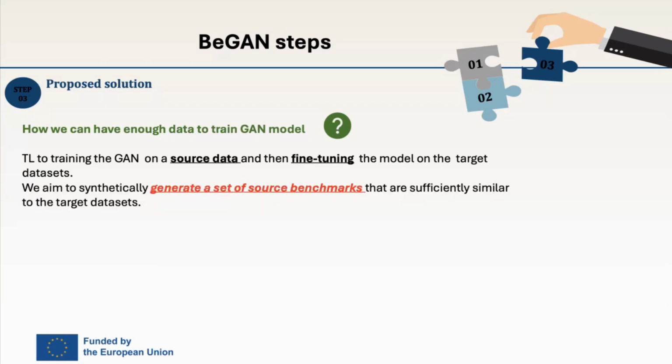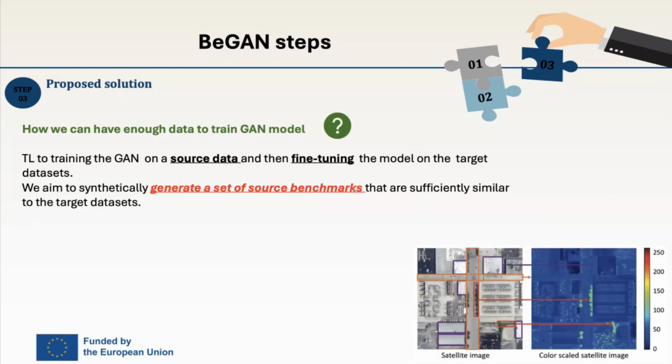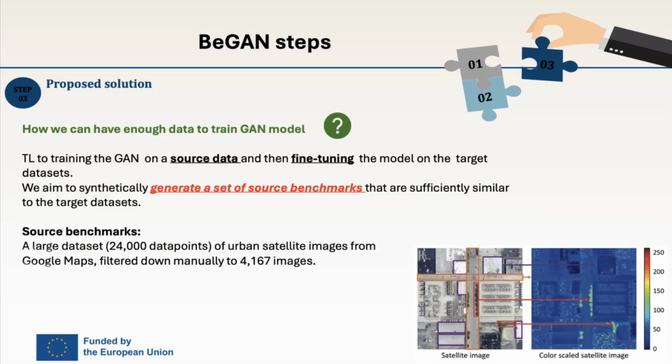Let's see what we mean by this. Because we have only a small amount of data for the benchmarks, we will try to find data that is very similar in features to the current map data. When we talk about current features or the current map, we can see here in these images that they try to find something similar.